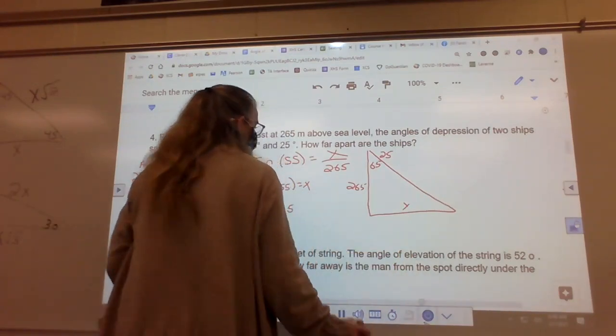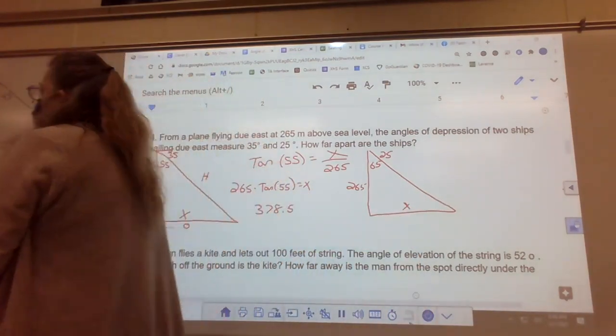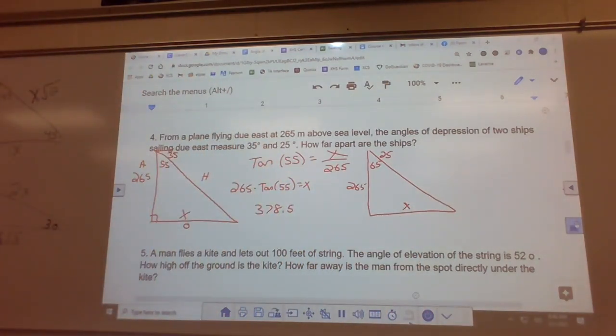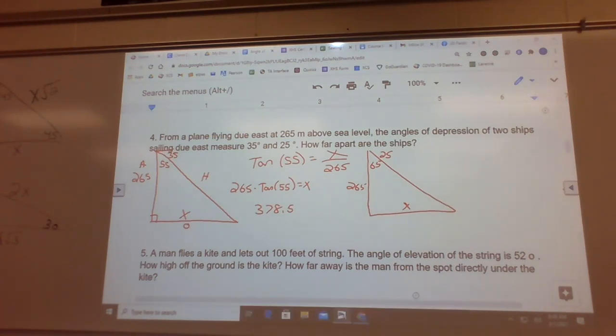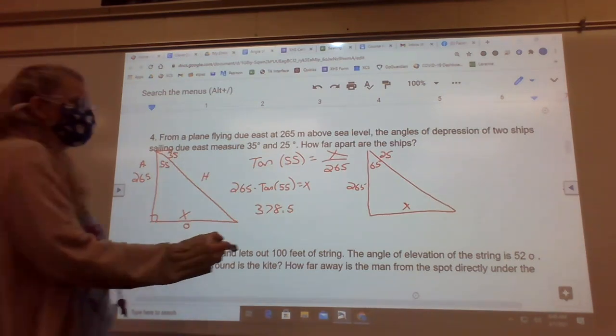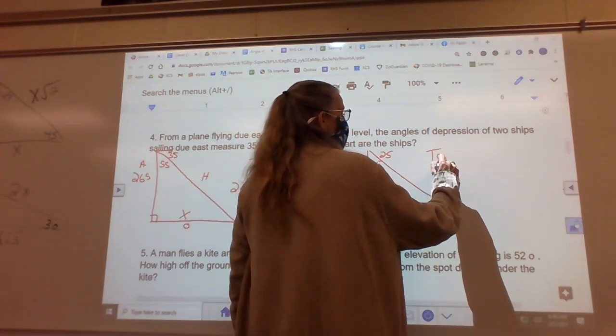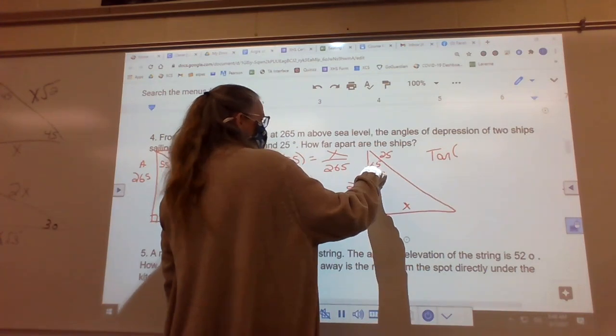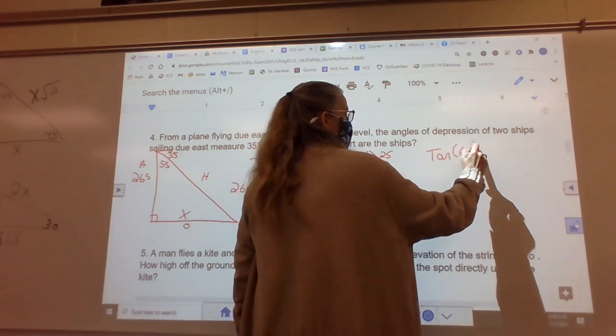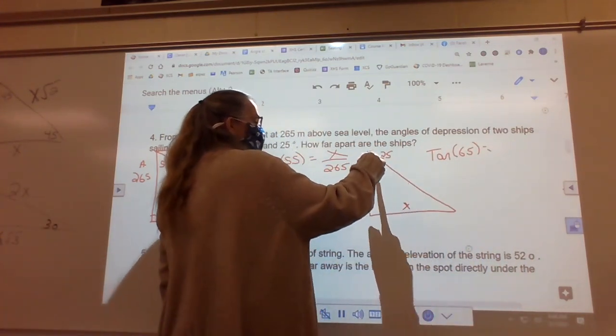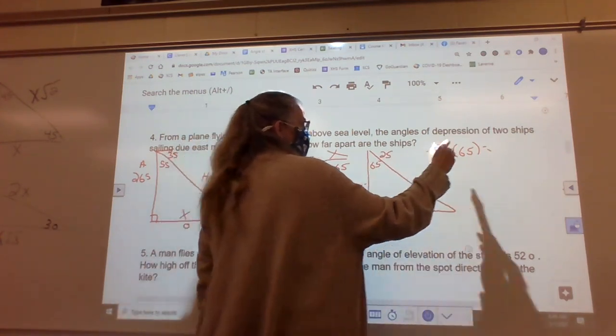I'm still finding this. Well, before we type things in, do you think we're going to get a number bigger or smaller than the first one? Bigger. Because I'm not having to look down quite so far, so it's going to be further away. Setup didn't change. Tan 65 this time. Opposite over adjacent, x over 265.